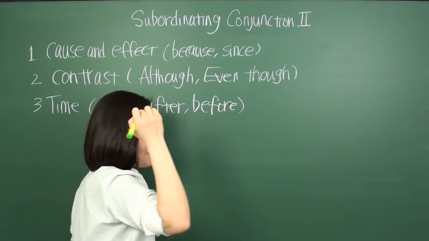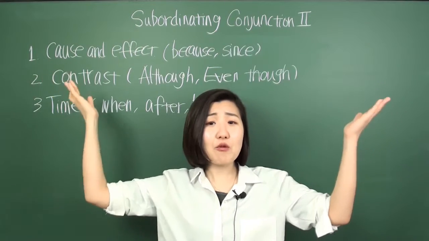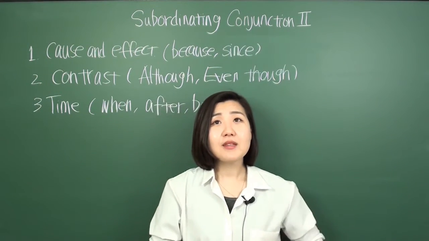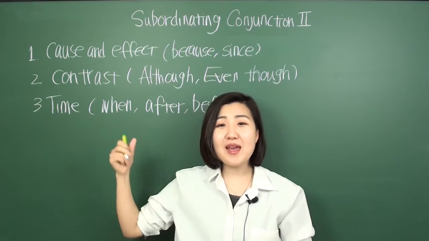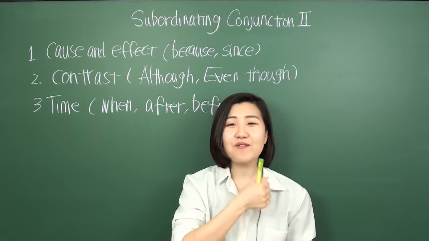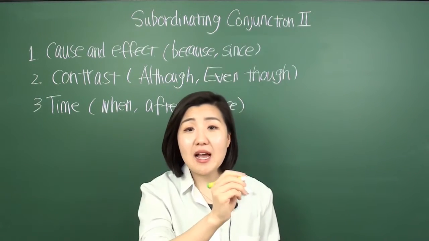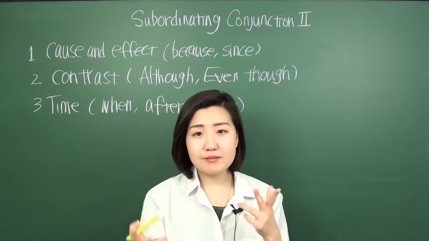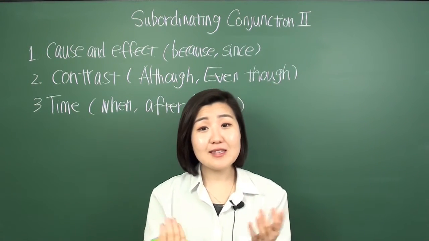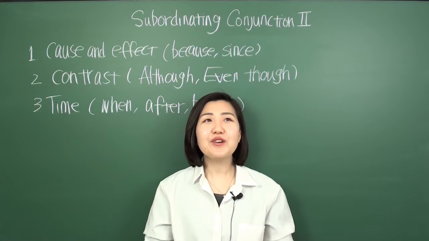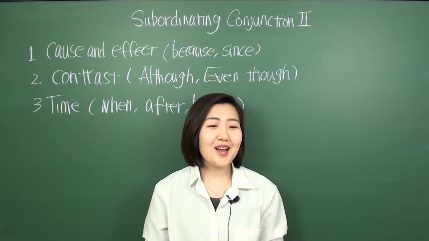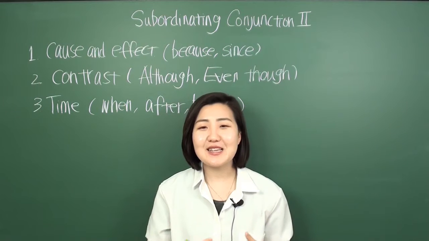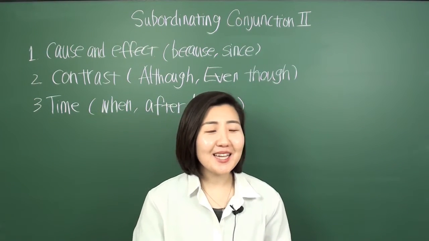Okay, for example, what kinds of sentences can we use? Give me some examples that you can make with these 3 conjunctions. Try to write it down in your notebook. Very easy, right? For example, after you, I will try to think of a funny example, but I cannot think of it.